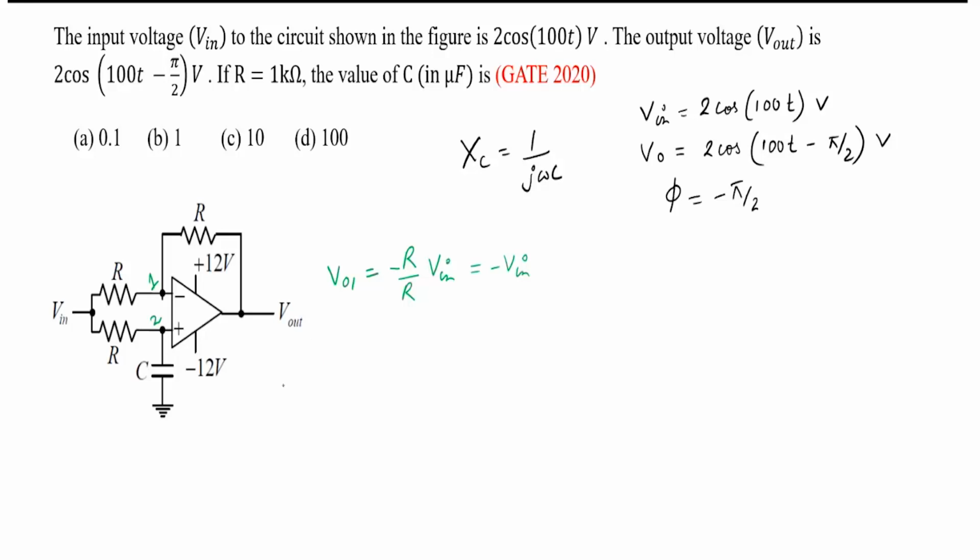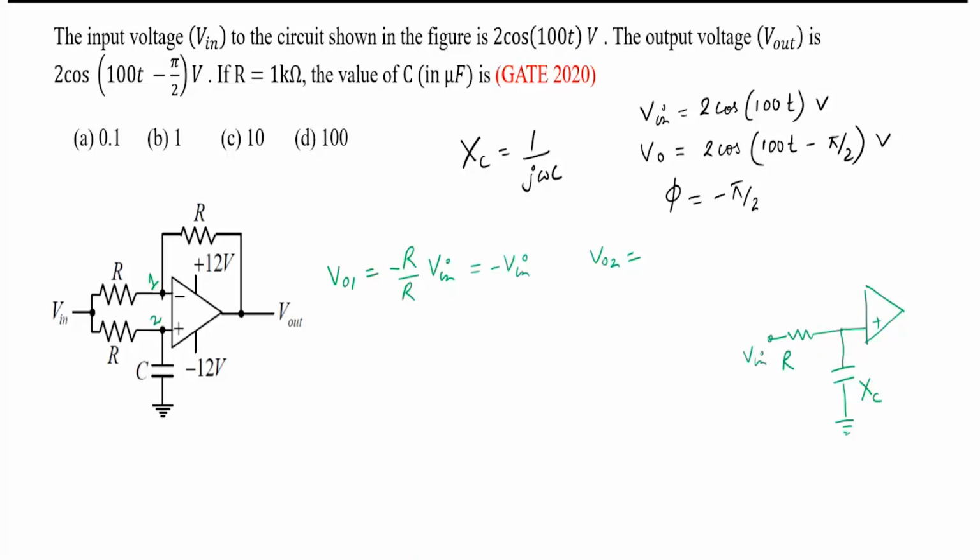Okay. Now, for V02, let me just redraw this circuit so that you will be a bit familiar with this. This is the impedance XC and this is R, with V in.